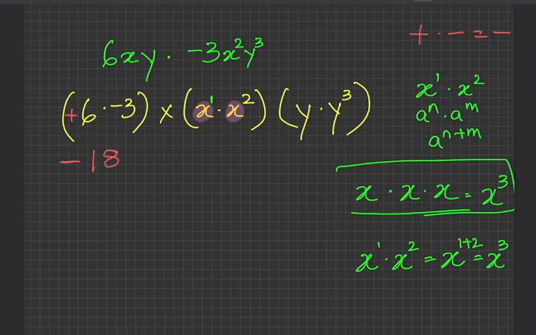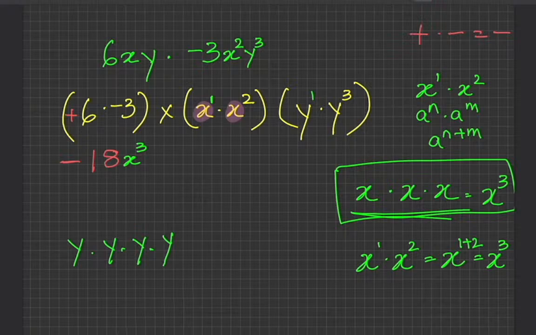But the real solution is this; we just take a shortcut. If the base is the same, we just add the exponents. So x to the power 1 times x to the power 2 gives me x raised to the power 3. Same thing, I have y to the power 1 here. So y times y to the power 3 means y times y times y.